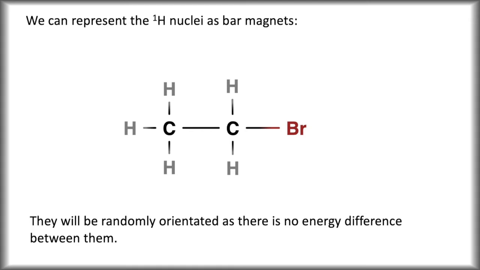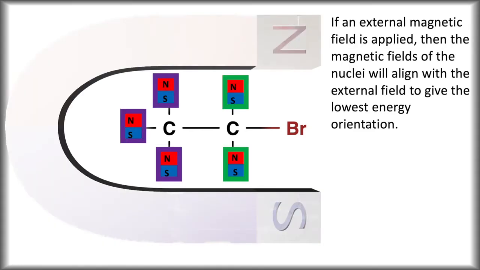Well, if we represent the hydrogen nuclei as bar magnets and place the molecule in a very strong magnetic field, then you would see the little bar magnets align with the magnetic field of the externally applied field. So they all align, and that gives us the lowest energy configuration.